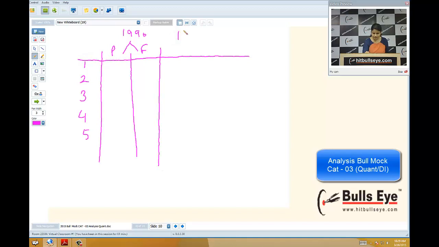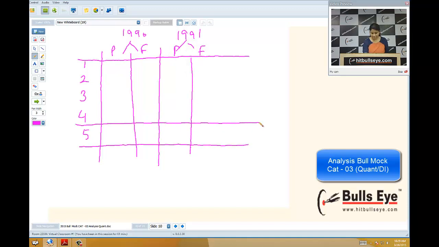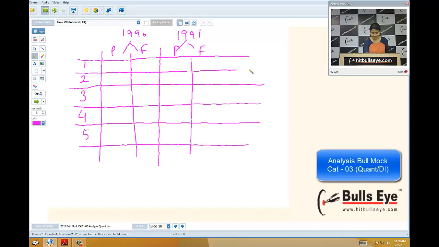Similarly, for 1991, we'll write pass and fail. See, applying the same logic, in class 5th, 84 students were passed, remaining 18 were failed, 78 were passed, 26 were failed. These 26 students, and suppose I'm taking the passing candidates in 1991 in 4th class, they were 78.